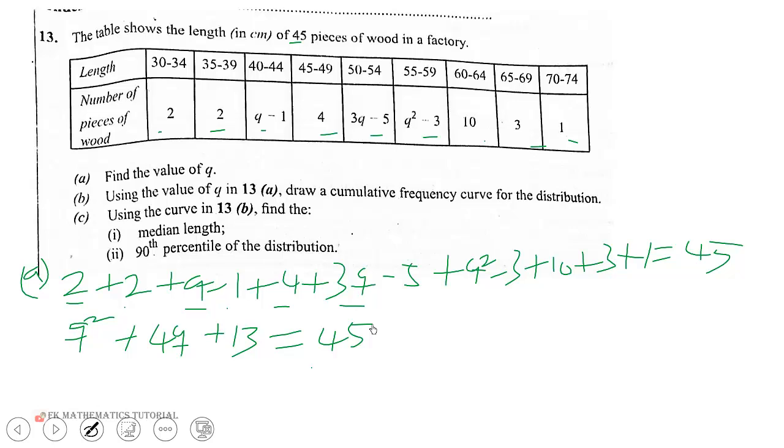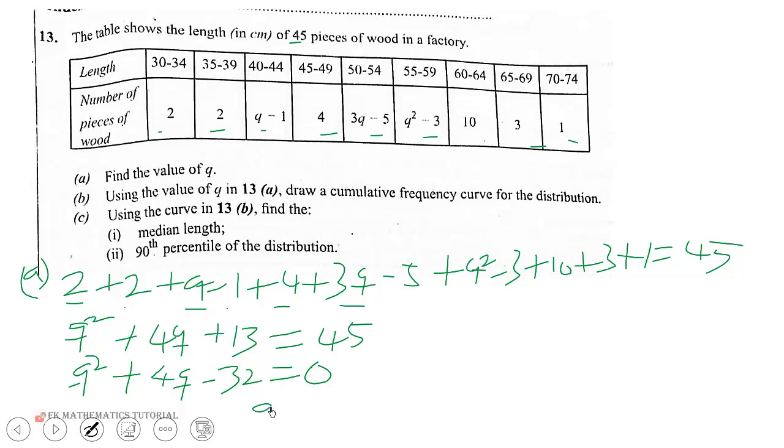Now, simplifying further, we get Q squared plus 4Q plus 13 minus 45, which is negative 32, equal to 0. Now we can factorize this. Two factors of negative 32 that add up to 4 are 8 and negative 4.